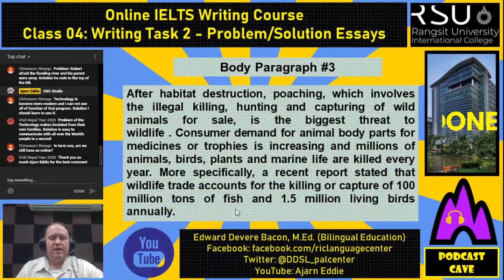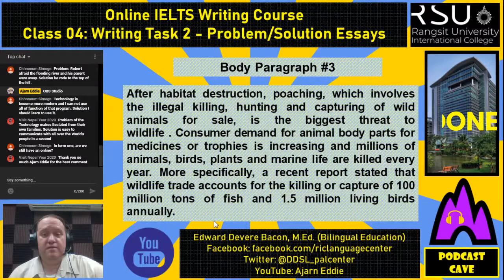Consumer demand for animal body parts for medicines or trophies is increasing, and millions of animals, birds, plants, and marine life are killed every year. More specifically, a recent report stated that wildlife trade accounts for the killing or capture of 100 million tons of fish and 1.5 million living birds annually. Okay, so this one, they're talking about some of the reasons behind the problem.